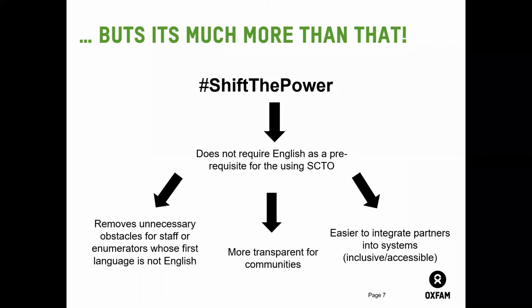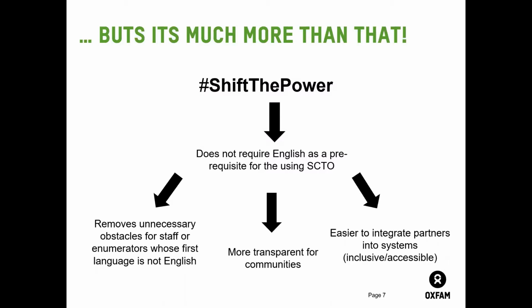Ideally, we want to make sure that there isn't that power dynamic between who is collecting the data for us. We want to make sure that the person who's being interviewed feels as comfortable as possible. And now that the whole app is available in translation, it's going to make that process a lot easier. We're not going to be recruiting on the basis of needing English as a skill. We can recruit for other reasons and focus on the skills and knowledge of the community, and if they're appropriate to do that data collection.